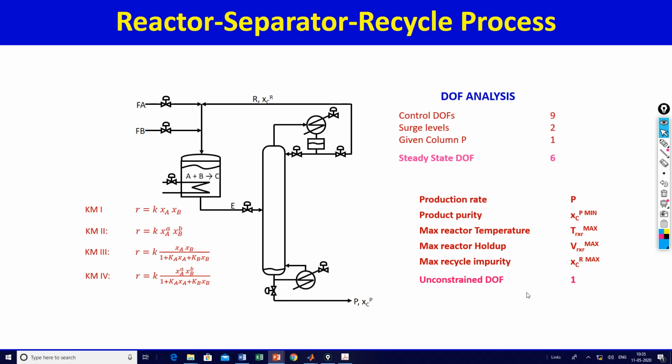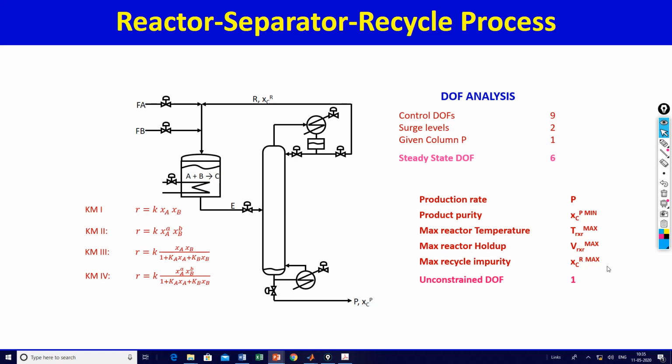I would like to point out that maximum reactor temperature corresponds to a degree of freedom associated with the reactor. Maximum reactor holdup corresponds to a degree of freedom associated with the reactor again. Product purity is a degree of freedom associated with the column. Recycle impurity is again a degree of freedom associated with the column.